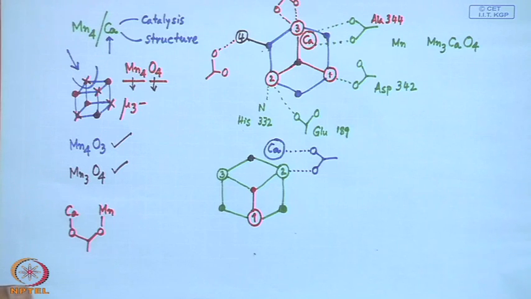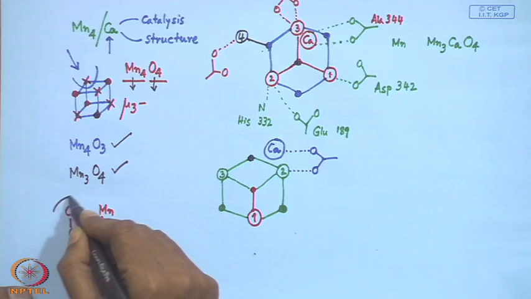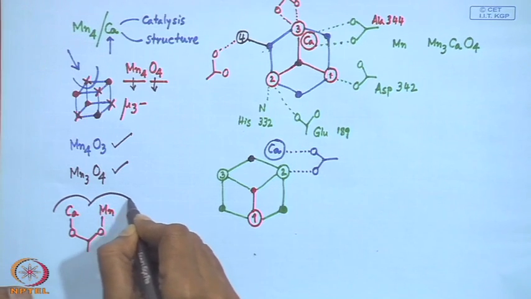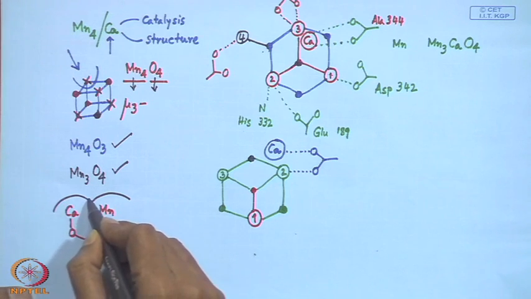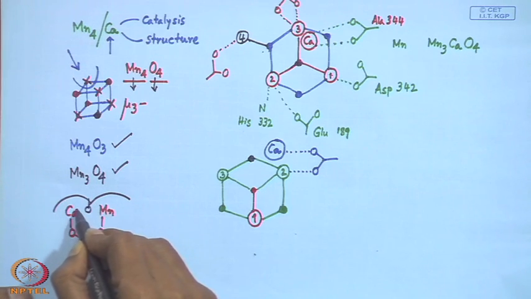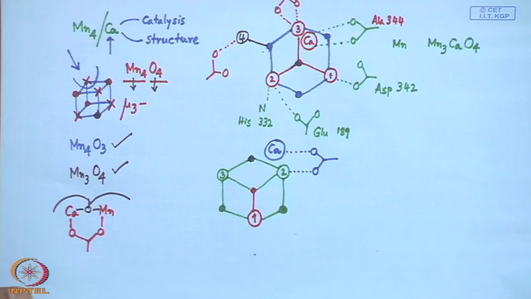If you go for making some synthetic molecule out of this, if you have a binucleating ligand having two different pockets, you can have a phenol unit over here, and this phenol is coordinating to calcium and manganese.